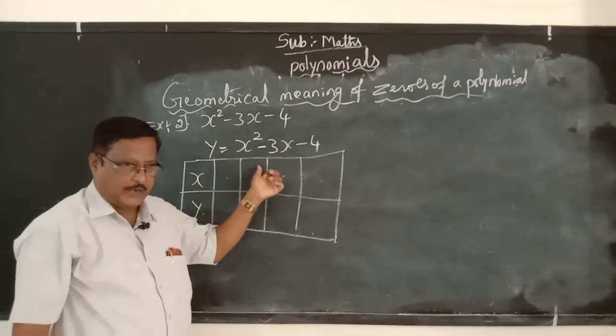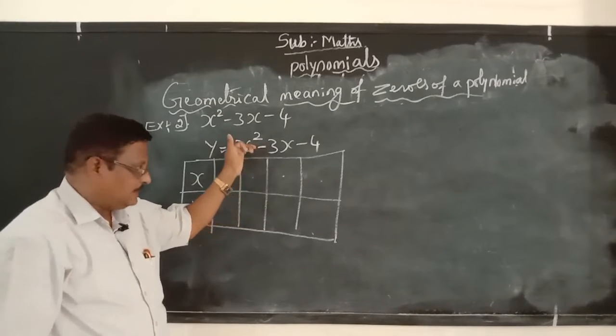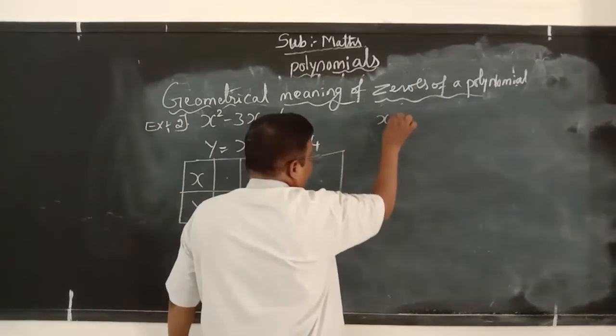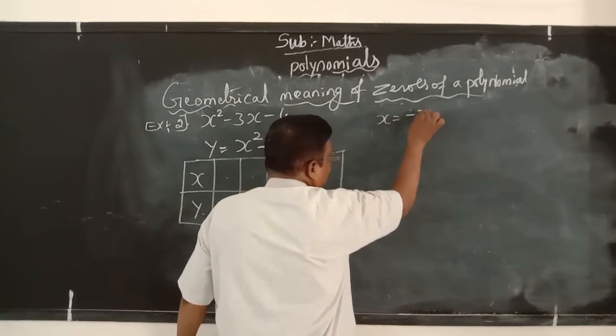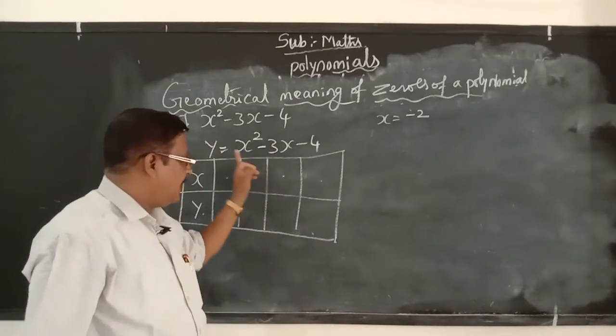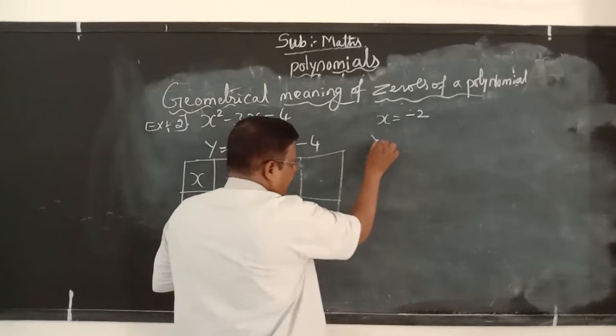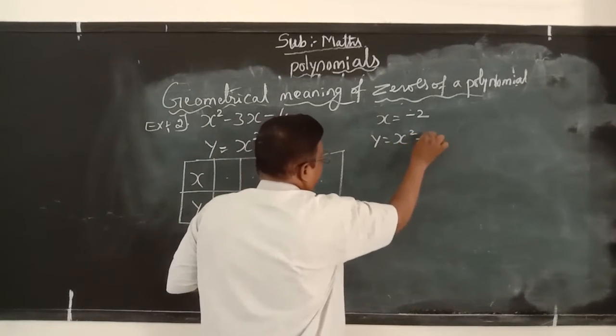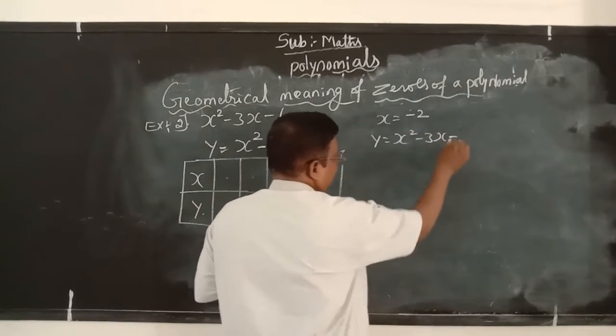First you find the table. Suppose the assigned value is x equal to minus 2. Then you calculate the y value. y is equal to x square minus 3x minus 4.